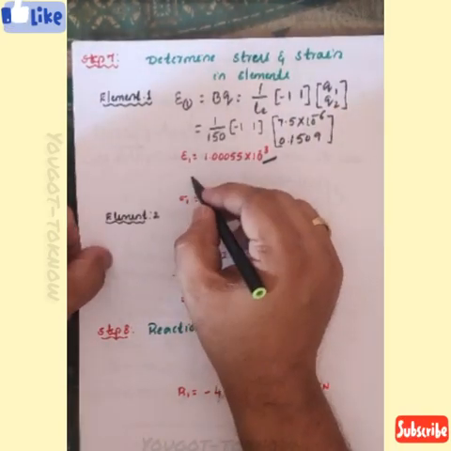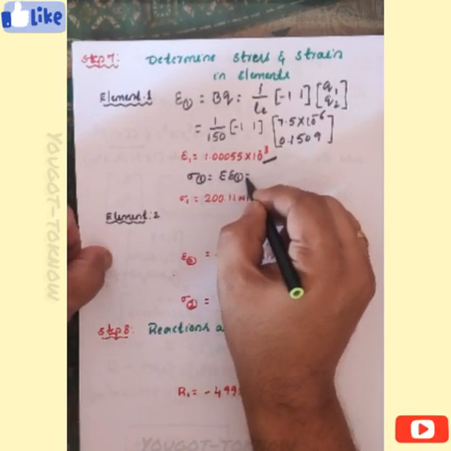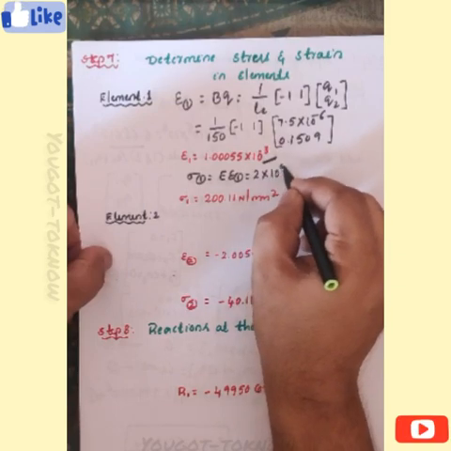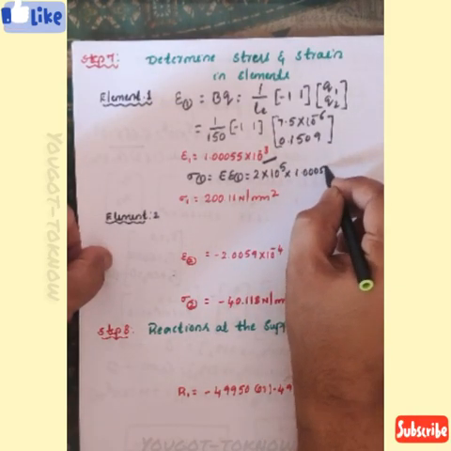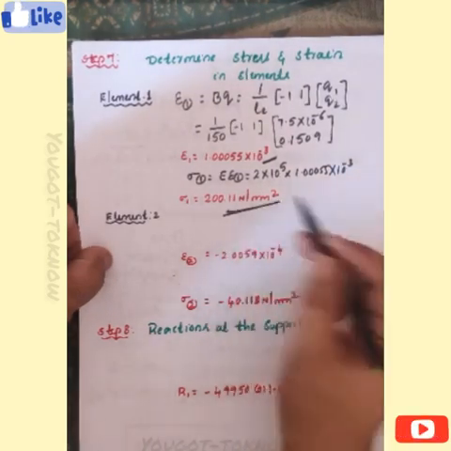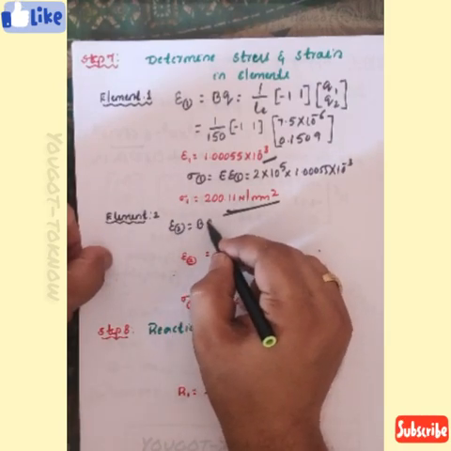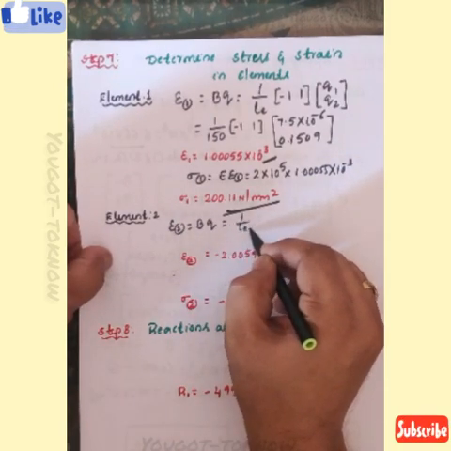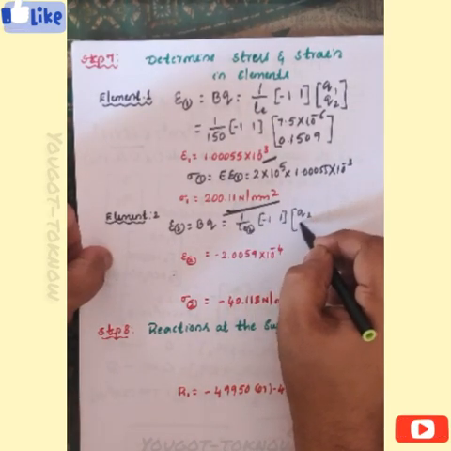Now how to get your stress value? Very simple. Sigma 1 is equal to E into epsilon 1. E is 2 into 10 power 5, into epsilon 1, which is 1.0055 into 10 power minus 3. You are going to get this value, that is 200.11. How to get your epsilon 2? Repeat the same thing: B into Q for element number 2, 1 by LE2, minus 1, 1, Q2, Q3.